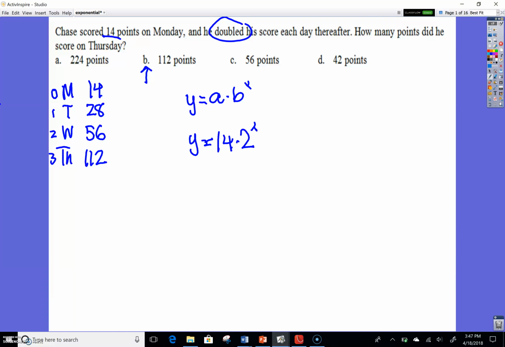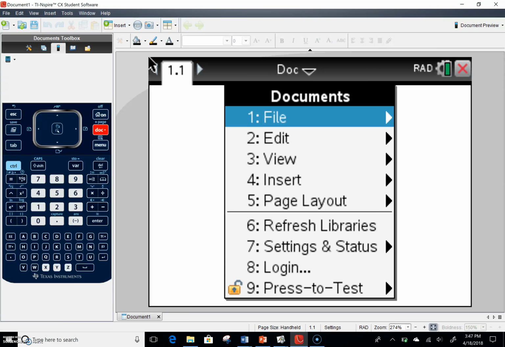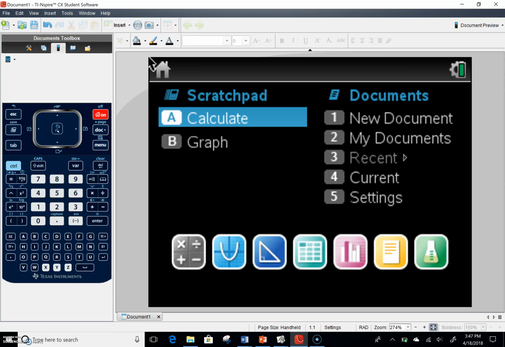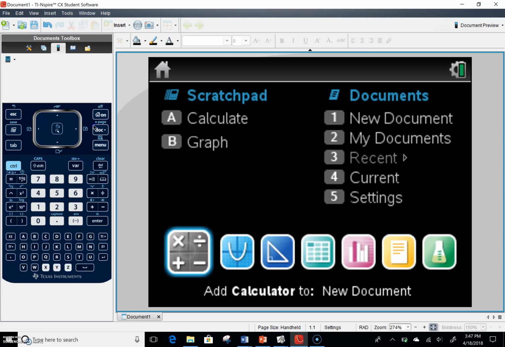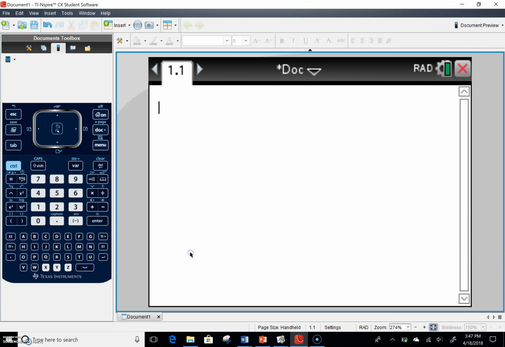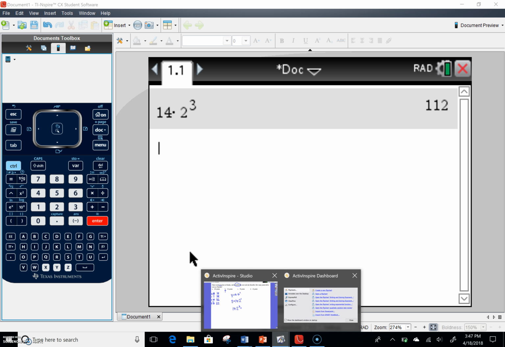That's 3 days later, right? So 14 times 2 to the third power, exponent 3. See? 112. Those are the two ways that we can do it.